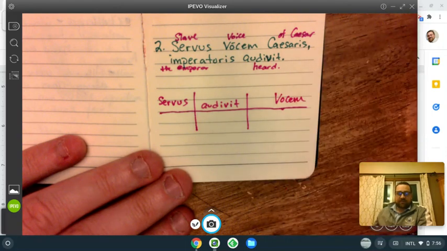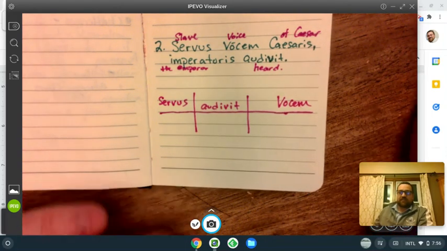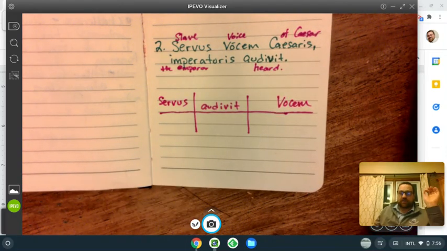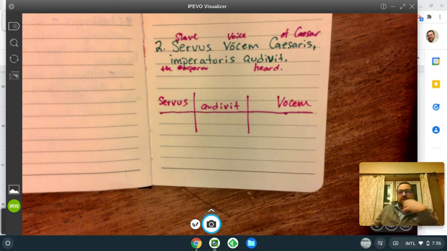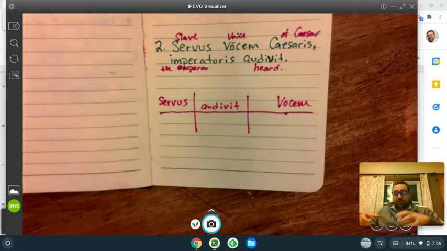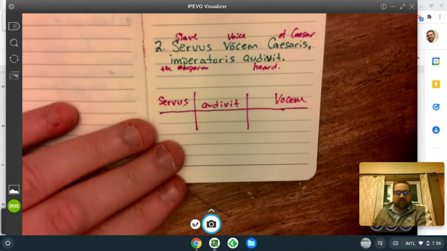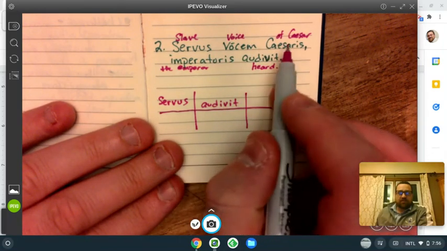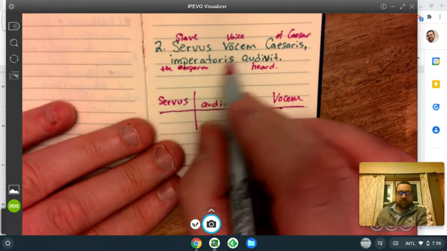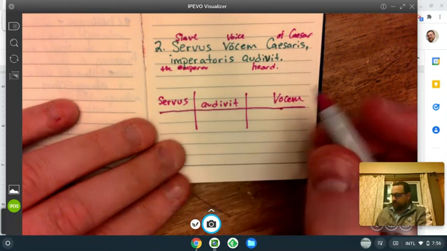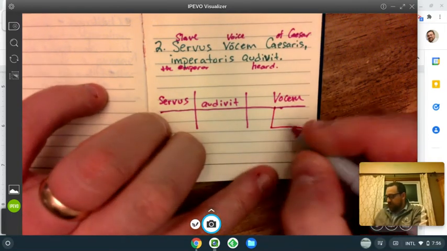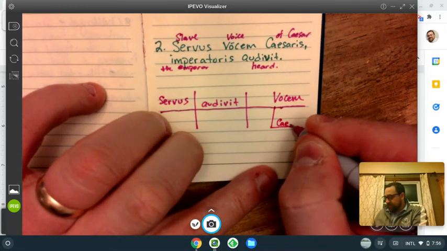Now, everything else in the sentence, we should be able to distill every sentence down to 3 parts, right? A subject, a verb, and an object. And each one should just be 1 word long, right? And everything else in the sentence is in service to one of these 3 parts, okay? So the slave heard the voice of Caesar. So under vocem, we're going to put Caesaris.